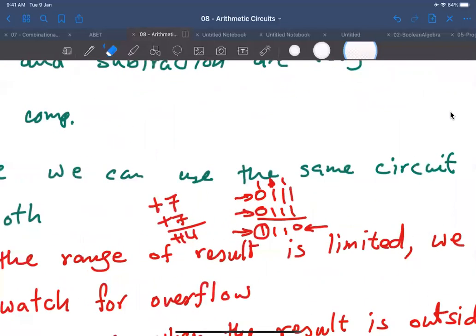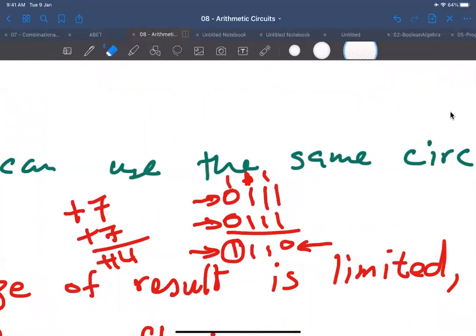And we gave an example last time. When you have 4-bit signed numbers, if you add 0111, which corresponds to +7 in 2's complement, and 0111, so you add it twice, if your result is not signed, then you get 1110, which is 14.